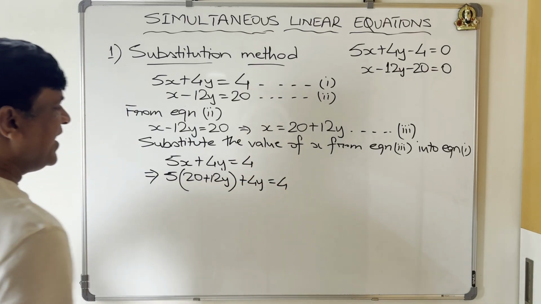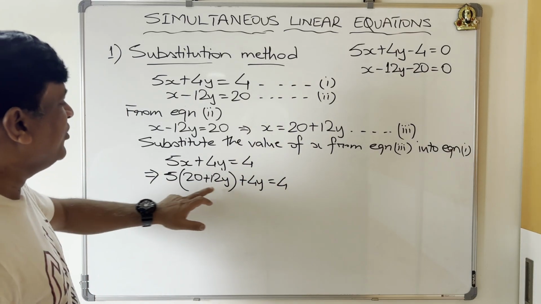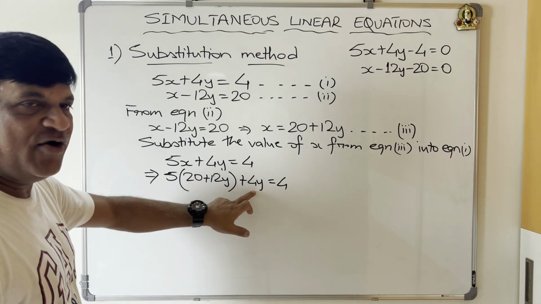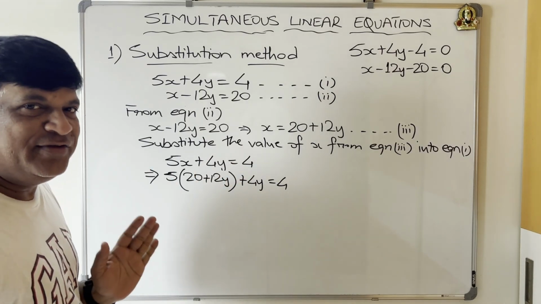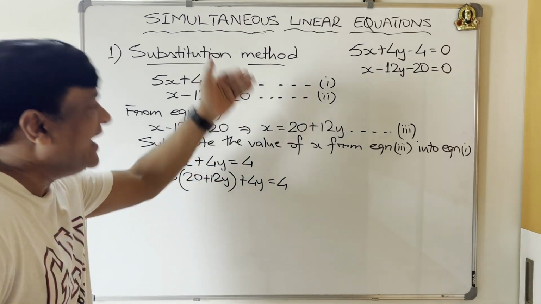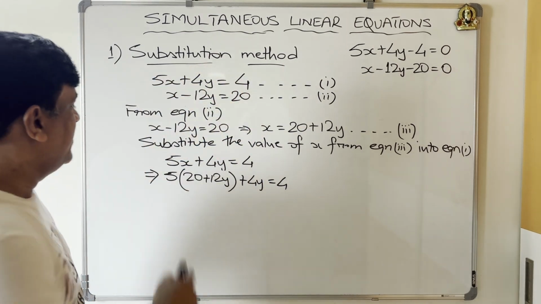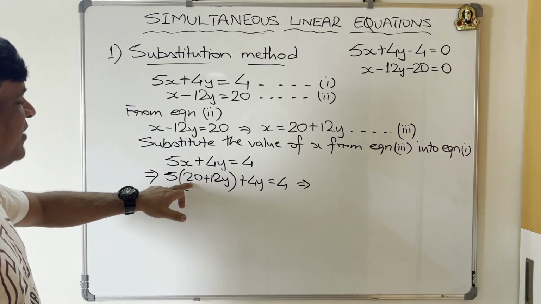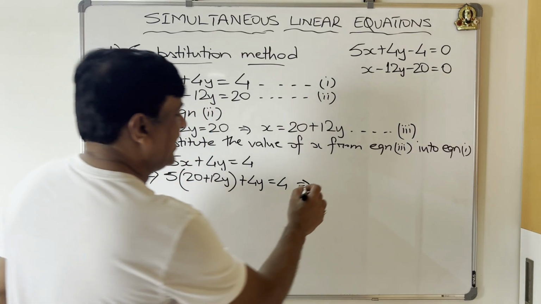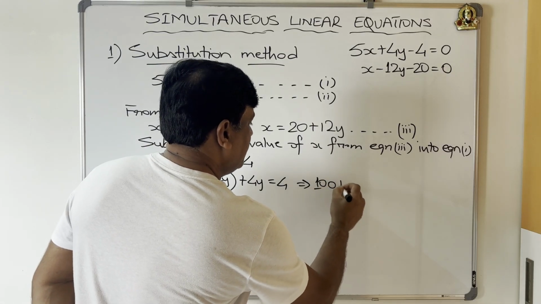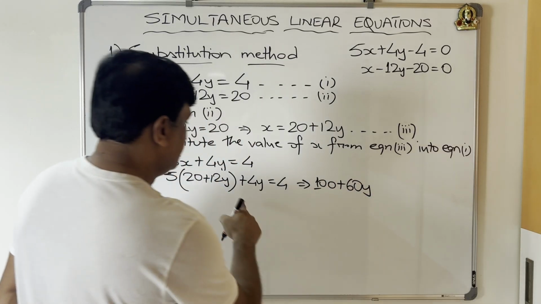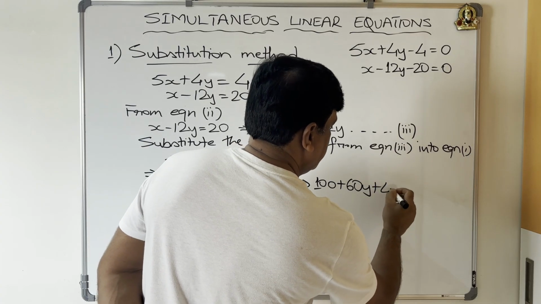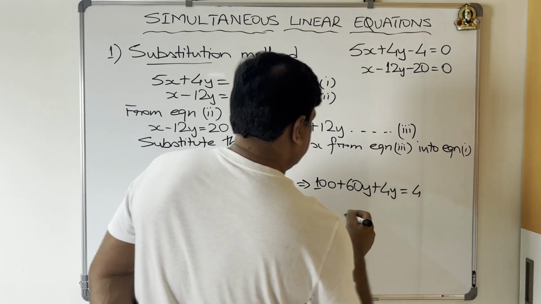Look at it. What do I get? I get the entire equation in only one variable. Now I should be able to solve this equation. That was the intent of this particular method. Let's resolve this. 5 into 20 is 100, and 5 times 12y is 60y. So 100 + 60y + 4y = 4.